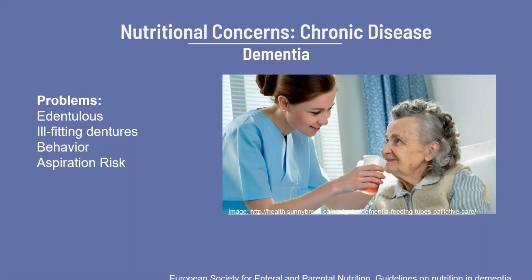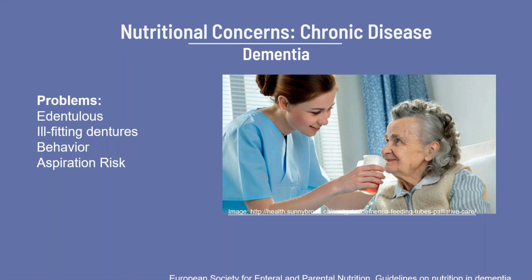Along with the dental concerns that we've spoken about, there are nutritional concerns among these patients with dementia. Some of the problems that we might see are, of course, missing teeth, which can impact their intake overall. But also, it's common for them to lose their dentures or throw them away on a regular basis.